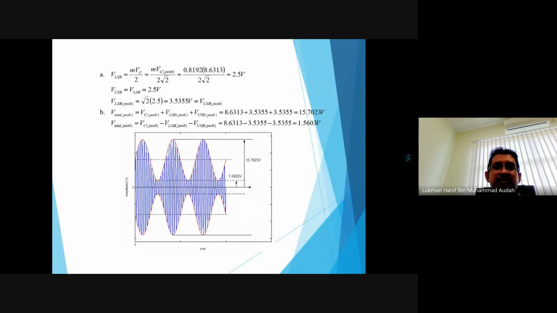Let's see the answer. Yeah, this one. So the LSB and USB we calculate using the peak value, not the RMS value.